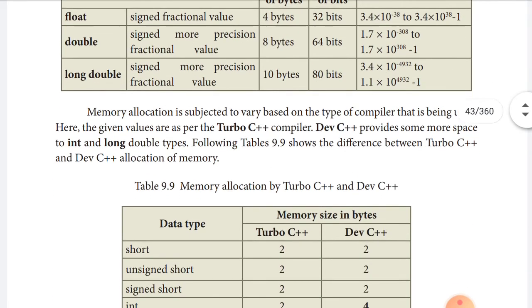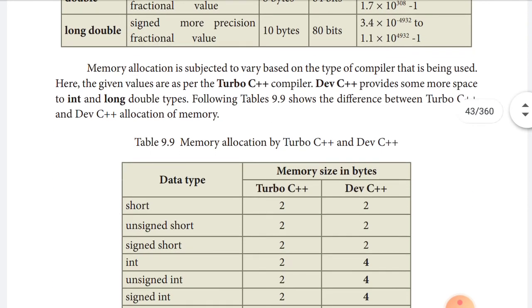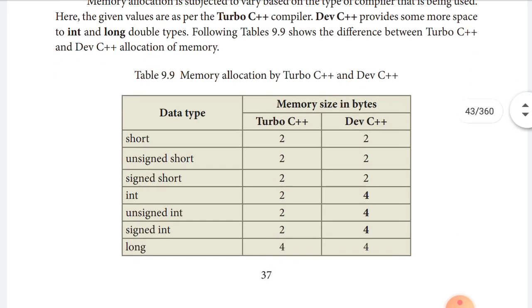Memory allocation is subject to variation based on the type of compiler being used. Here we will look at memory allocation in Turbo C++ and Dev C++. Turbo means the old version, and Dev C++ is the newer version with more features available. In both Turbo C++ and Dev C++, short uses 2 bytes only, and unsigned short uses 2 bytes. For integer, Turbo C uses 2 bytes, and Dev C++ uses 4 bytes.